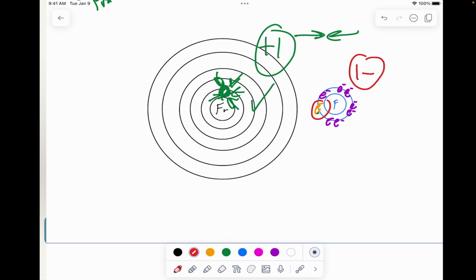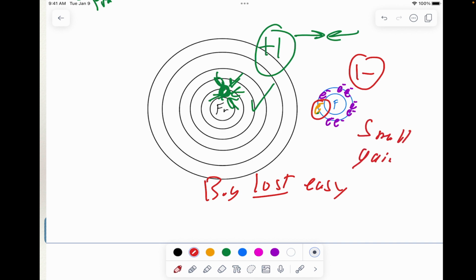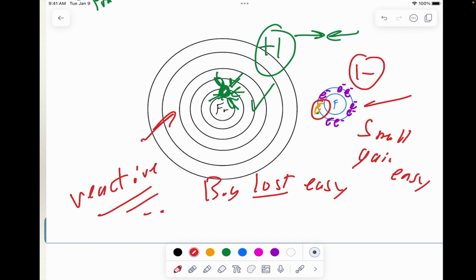So between the two, the big atom lost the electron easily, and the small atom gained it easily, which makes them both reactive, but in a different way. This one is losing to be reactive, and this one is gaining to be reactive, because of their size.